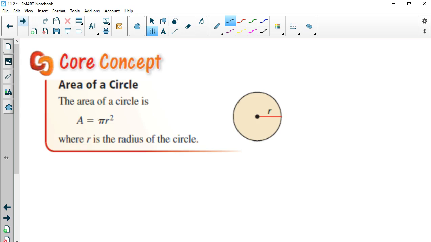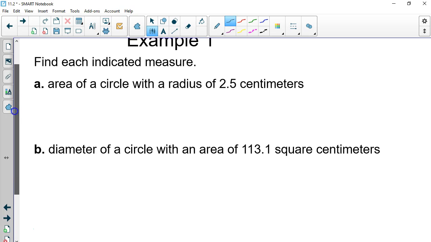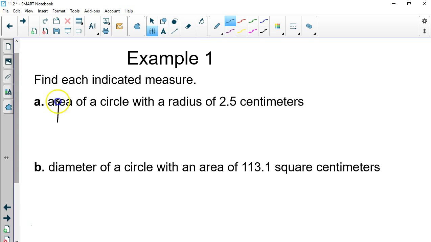Good refresher. Okay, so as I said, our warm-up was foreshadowing. And here we are. The area of a circle formula, pi r squared. So, area of a circle with a radius of 2.5. All right? So, again, we write our formula. Area equals pi r squared.